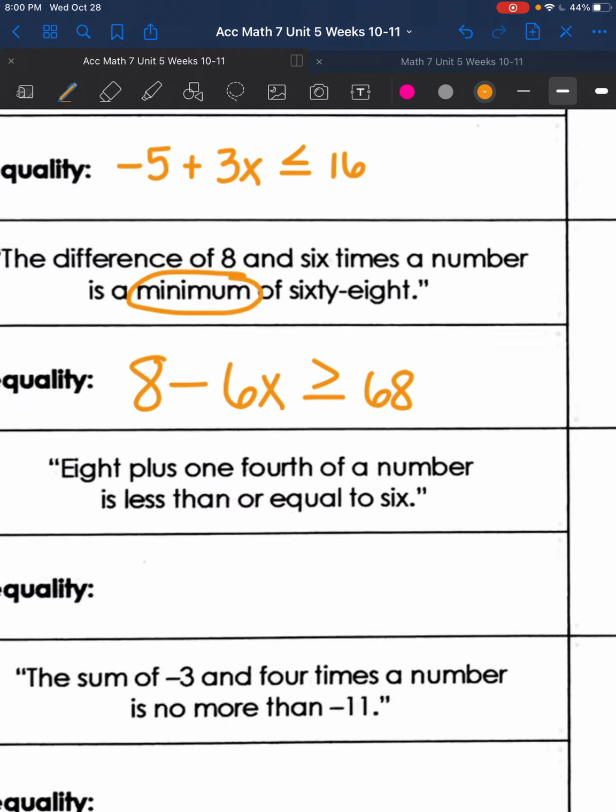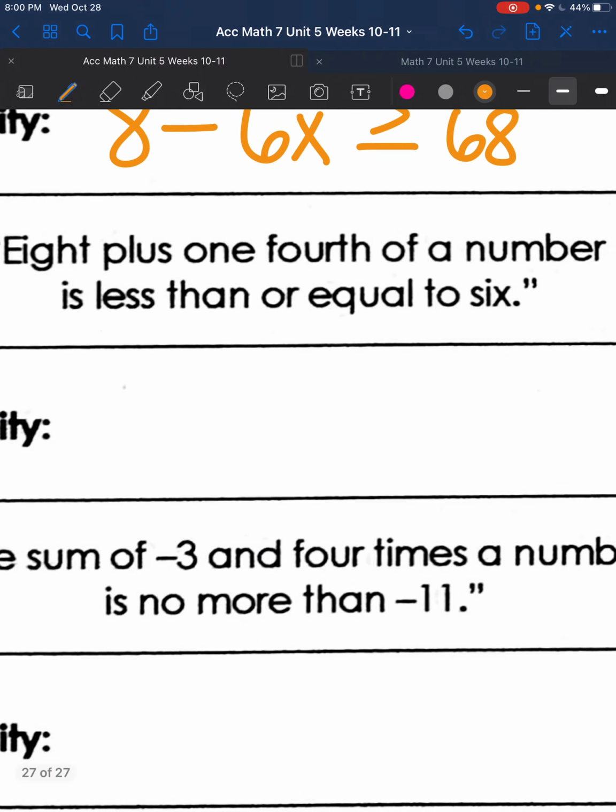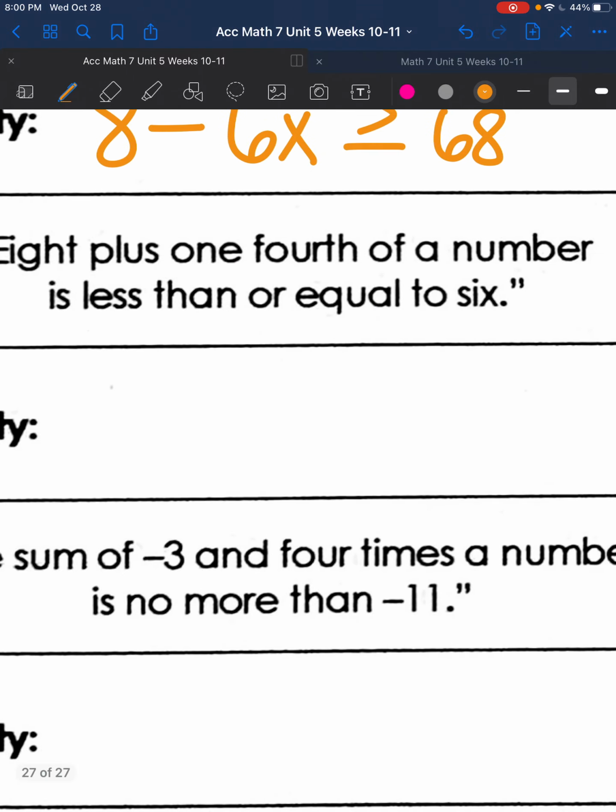Okay, number 5. We have 8 plus 1/4 of a number is less than or equal to 6. So I'm just going to write this as it reads: 8 plus 1/4 of a number is less than or equal to 6.